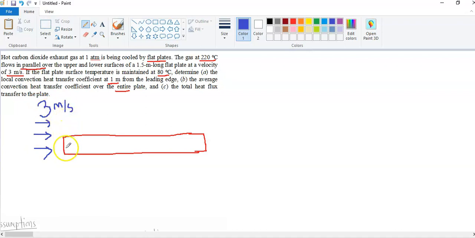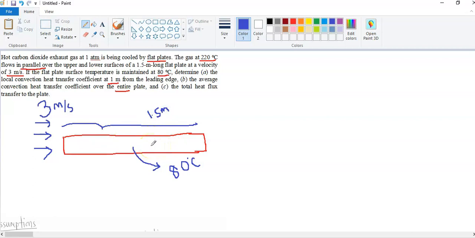The surface temperature of the long flat plate is 80 degrees centigrade, and the entire length of this plate is 1.5 meter.